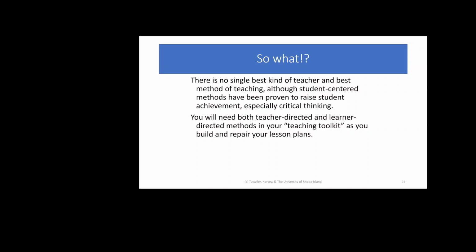What works best for one lesson in the same class may not work for the next lesson. What works best for students with an IEP or a disability of some kind may not work for students without. It's all trial and error to an extent, right?